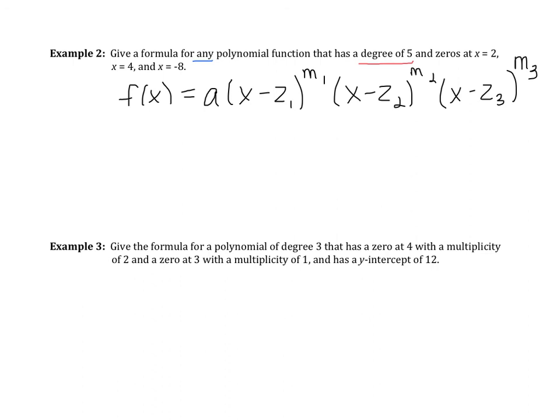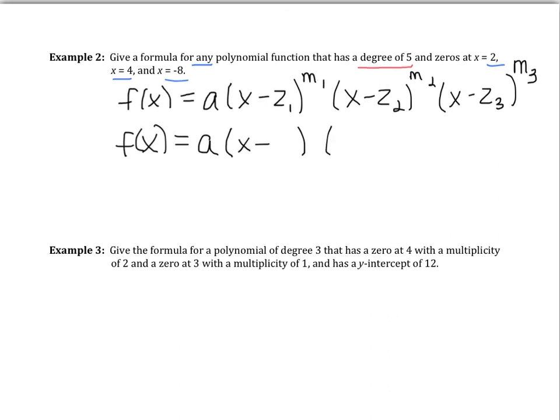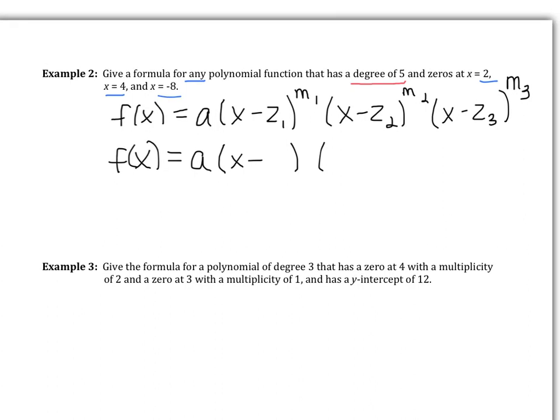So let's start filling some stuff in. They haven't given us information about a, so we'll just leave it as a. They didn't say anything about the leading coefficient. But they did give me my 3 zeros, 2, 4, and negative 8. So I'm going to start filling these in here.